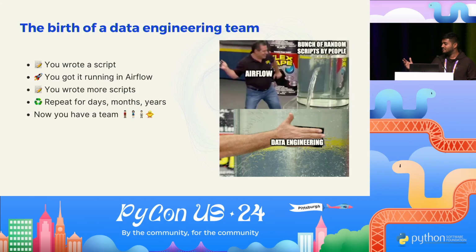Everyone loves the data that you bring, and you get more and more requests. Then finally, your upper management decides that we need a data team, and by now you have a spaghetti of data pipelines that has been running for days, months, years, and you get to inherit them. Plus, now you also have a team.